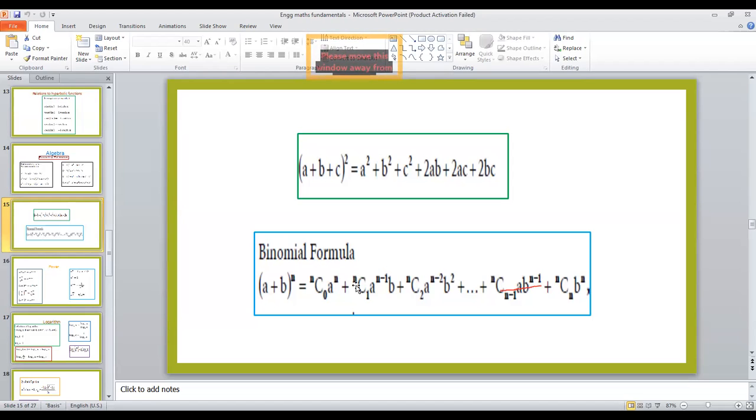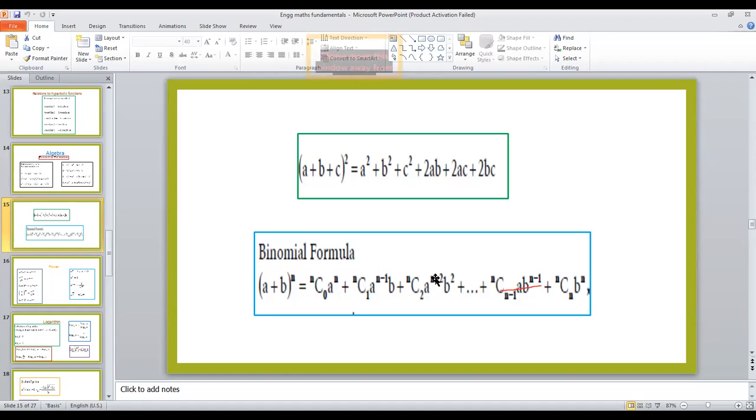Okay. Plus nc1. The index of the first term will decrease by 1, that is n minus 1. And in the second term, the index will increase by 1. Means in the first term the index of b was 0, but in the second term the index of b will be 1. Now in the next, nc2. That is a raised to n minus 2 into b raised to 2.